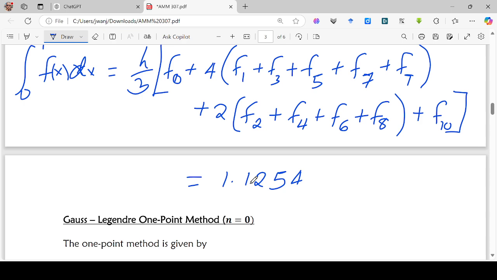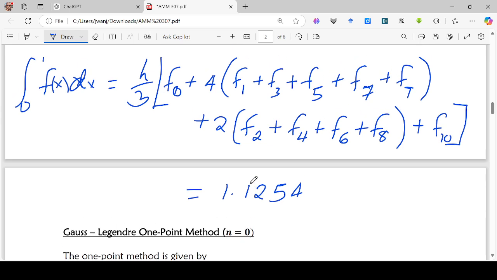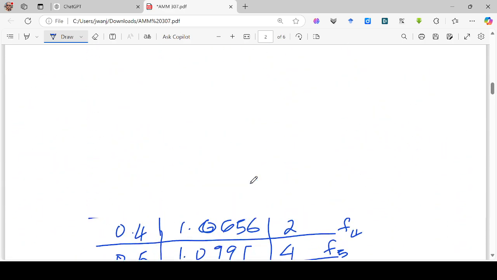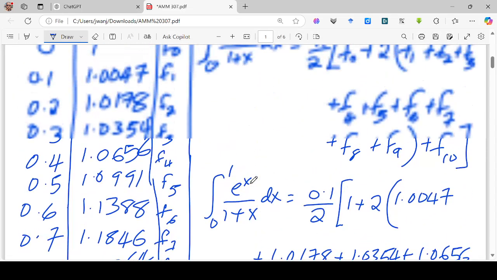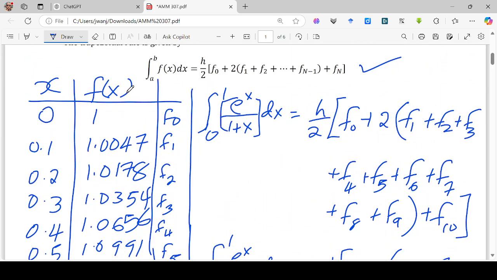But depending on the step size, if you make the step size smaller and smaller, even the trapezoidal rule can become very accurate. So basically, these are the two methods, Simpson's 1/3 rule and the trapezoidal rule. The basic thing is that when you are given an integral, the first step is to tabulate the function occurring there over the interval of integration using the given step size.